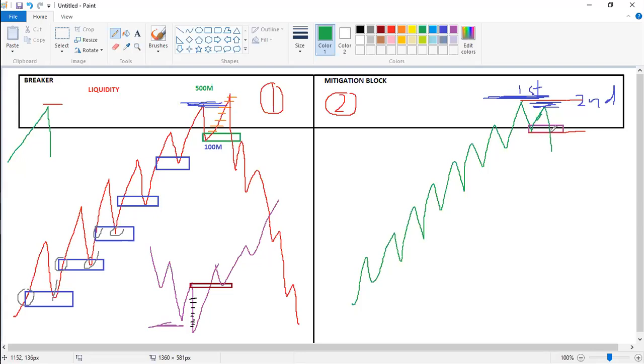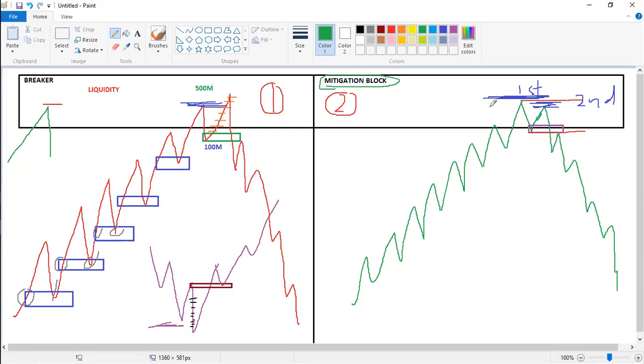And same thing, this order block that they used to buy, this buy is now in loss. They need to close it at break even. Price comes back to the order block, which is now what we call a mitigation block. It's no longer an order block, it's now a mitigation block. Then we sell, then price goes down.